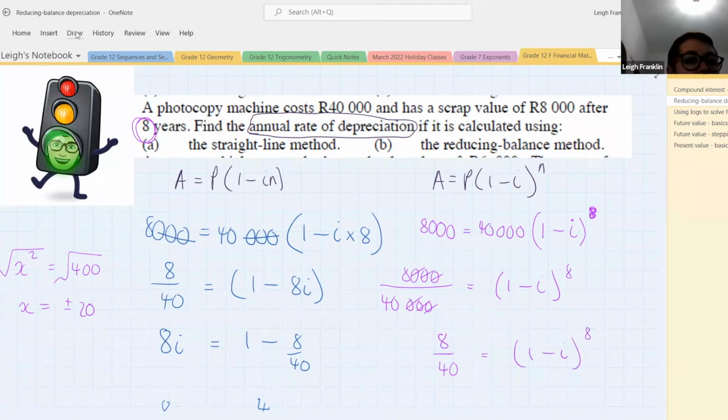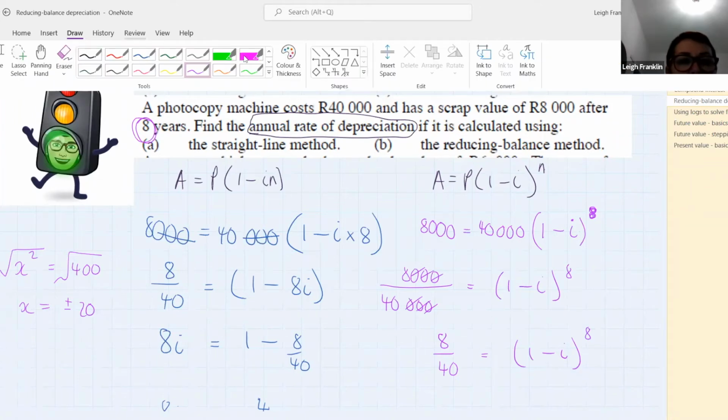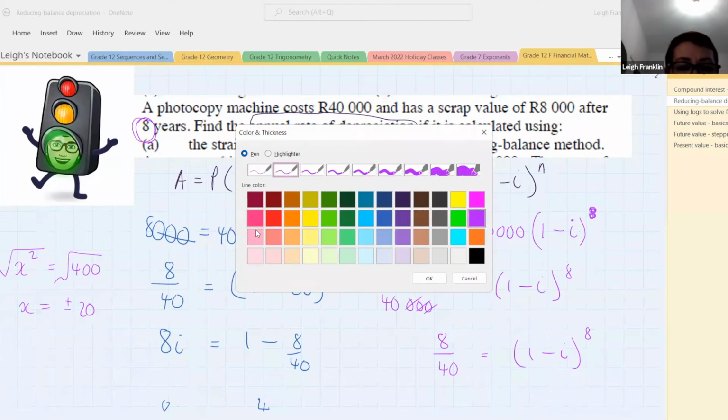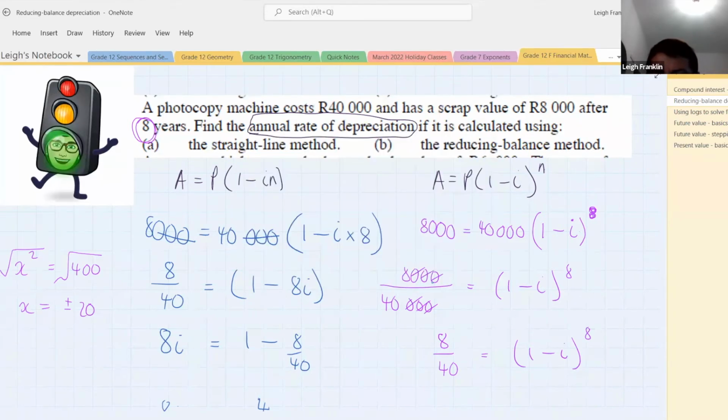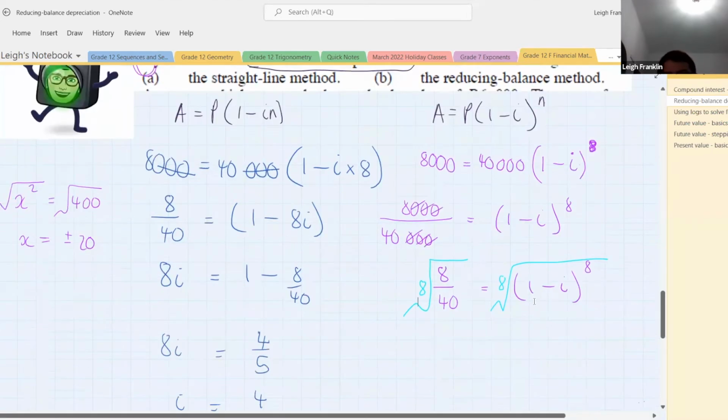So what I have to do here in order to get the bracket on its own, just like I had to take the square root on both sides here when it was raised to the power of 2, so I need to take this, see how that color works out. I need to take the 8th root. Ooh, can we see that? I don't know. On both sides. Just like I took the square root on both sides, I'm now taking the 8th root on both sides.